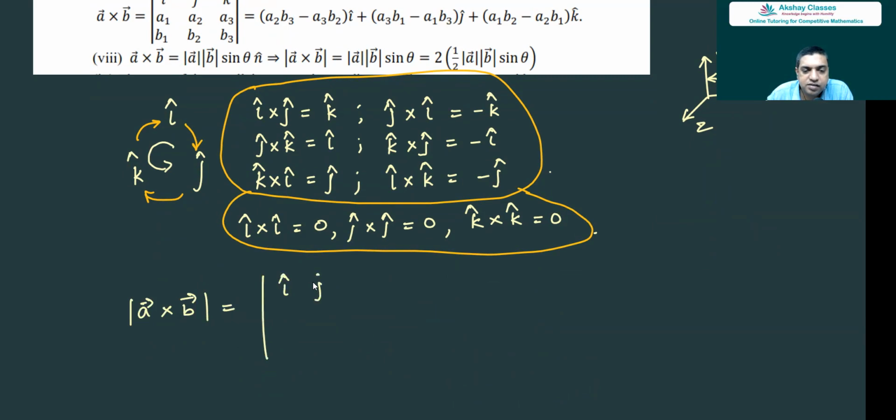Write I, J, K in the first row, then A1, A2, A3, B1, B2, B3.